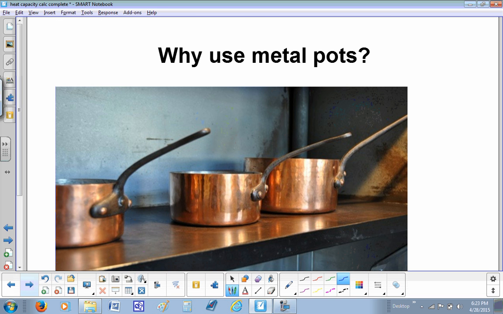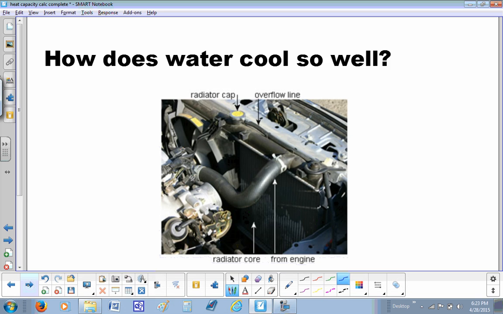Metal pots. Why do we use metal pots? Fantastic conductors, but remember, low heat capacity. They heat up in a jiffy, really fast. Water, why does it cool so well? Again, high heat capacity. You remember we did the demo with the conduction of the different metals? We had that spoke-like device, looked like this, and we had paper clips at the end.